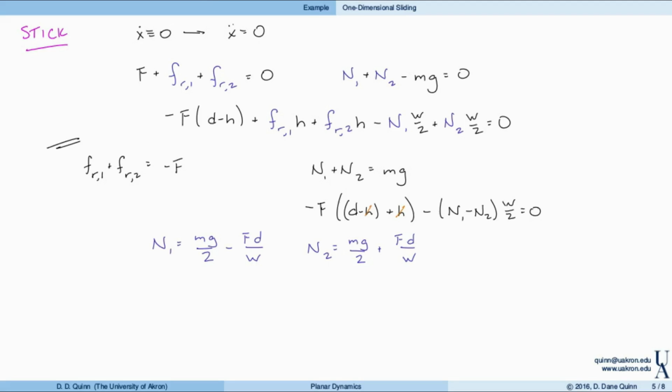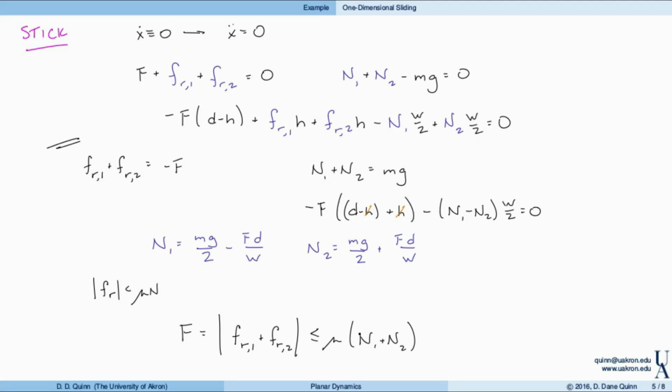And that inequality, for each individual friction force, was that the absolute value of the friction force was less than or equal to mu N. So now I will use this together with my expression for the friction force to show that F is equal to the absolute value of Fr1 plus Fr2, which has to be less than or equal to mu times (N1 plus N2).